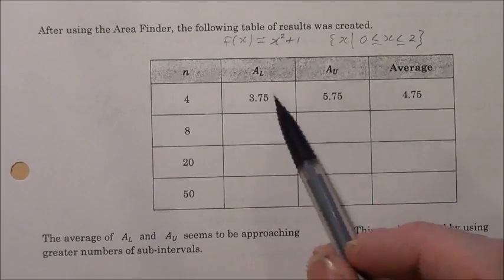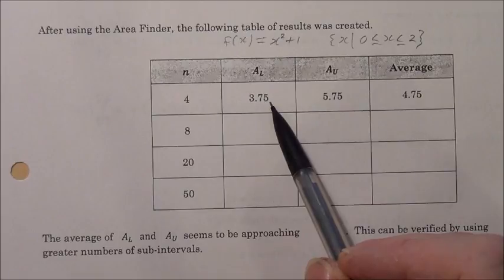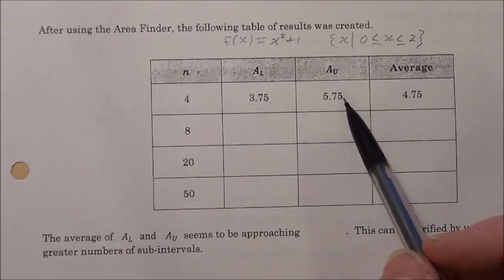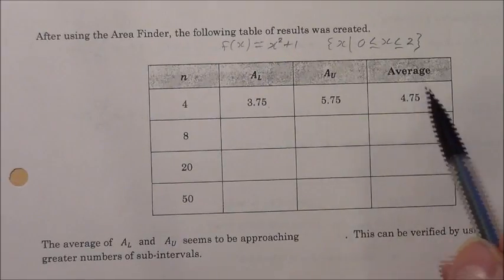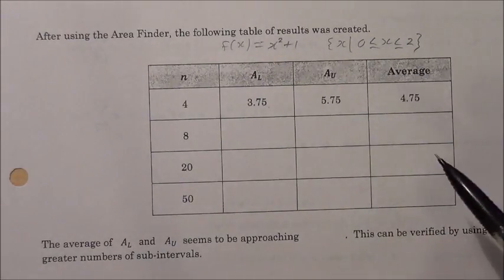We found the sum of the areas of the lower rectangles to be 3.75 square units, the area of the upper rectangles to be 5.75 square units, and then the average was 4.75 square units.